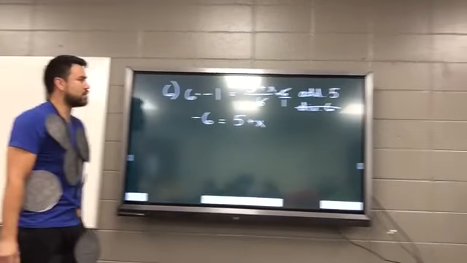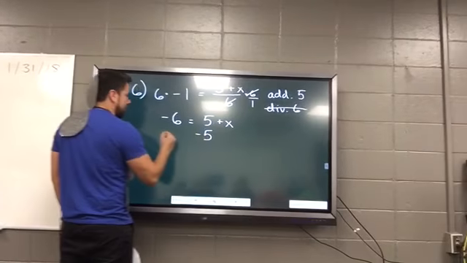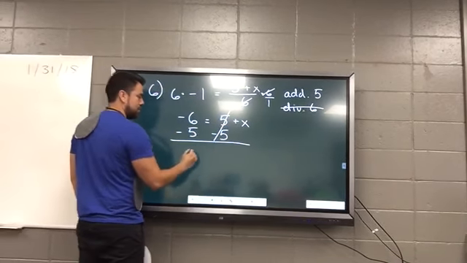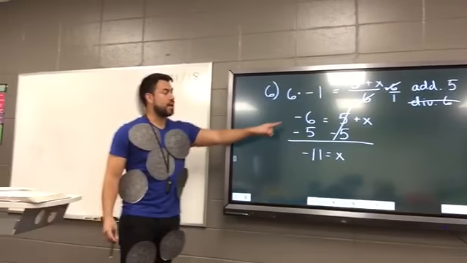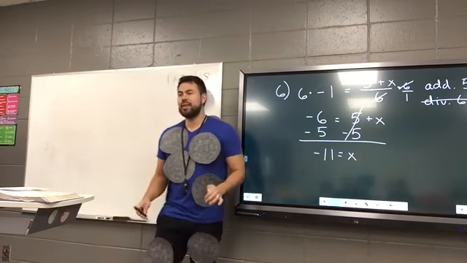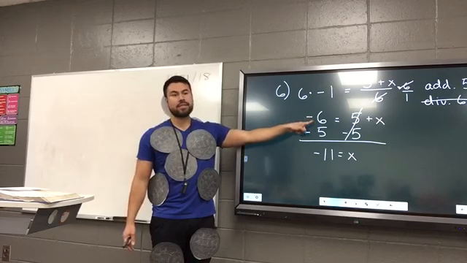How do you undo addition of 5? Subtraction of 5. So 5 minus 5? Yeah, because you get, what's negative 6 minus 5? And see, this is where algebra is way easier. I don't think of it as negative 6 minus 5.